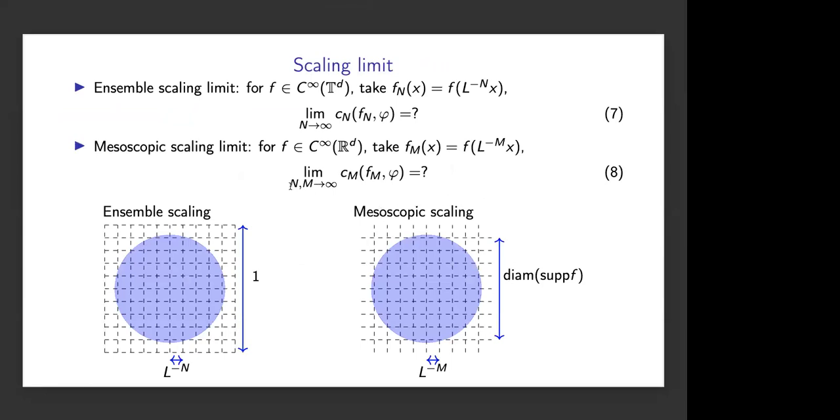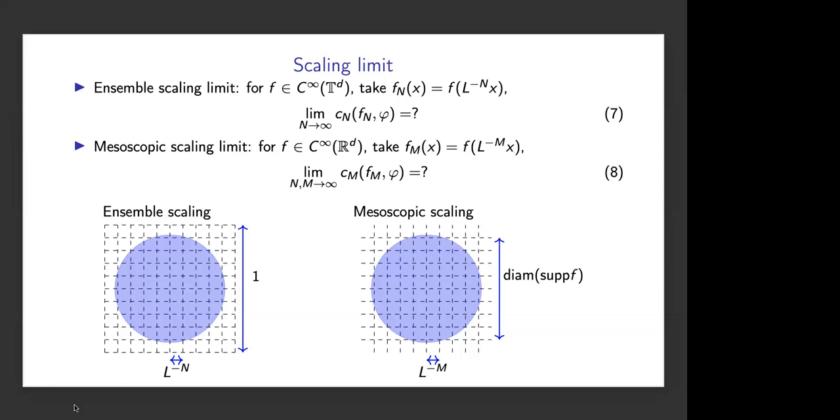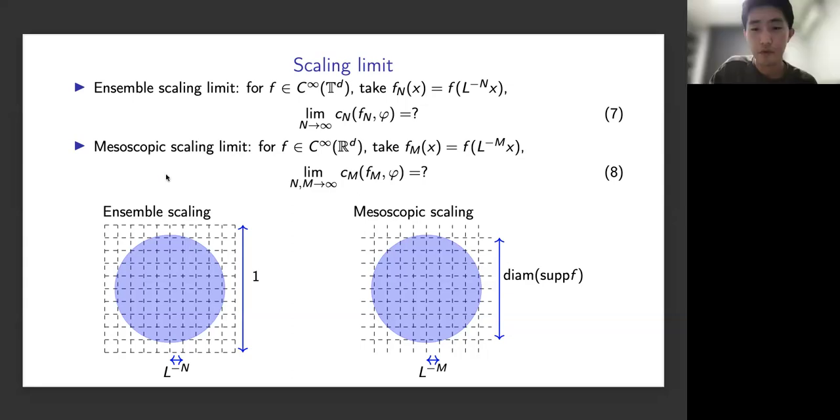There are two parameters: N is the size of the system, and m is how you discretize this function f. It is helpful if you think about this picture.